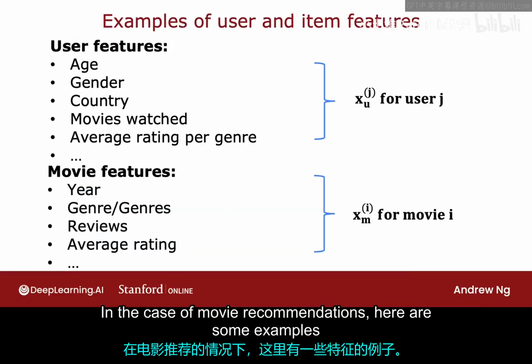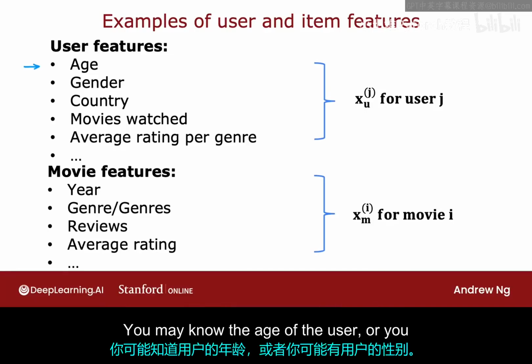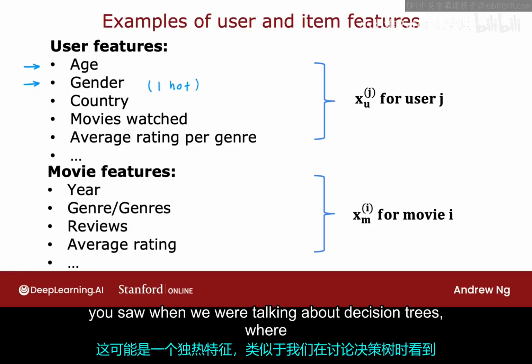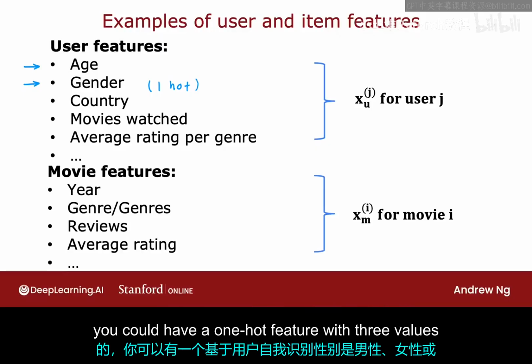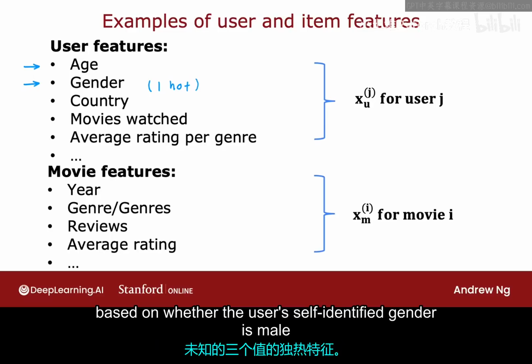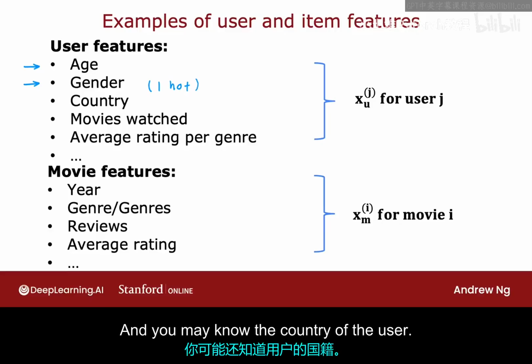In the case of movie recommendations, here are some examples of features. You may know the age of the user, or you may have the gender of the user. So this could be a one hot feature, similar to what you saw when we were talking about decision trees, where you could have a one hot feature with 3 values based on whether the user's self-identified gender is male or female or unknown, and you may know the country of the user.